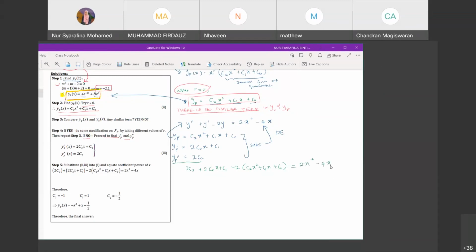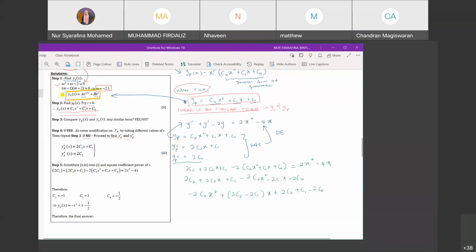Now rearrange this one: 2c2 plus 2c2x plus c1 minus 2c2x squared minus 2c1x minus 2c0. Rearranged: minus 2c2x squared, then plus 2c2 minus 2c1x, plus 2c2 plus c1 minus 2c0.